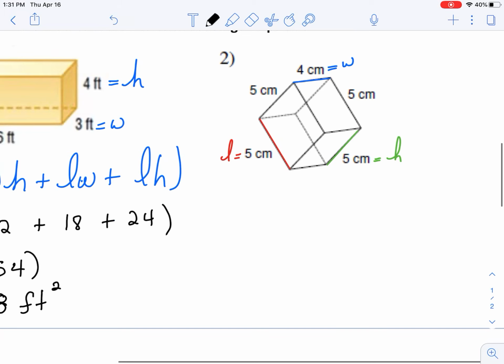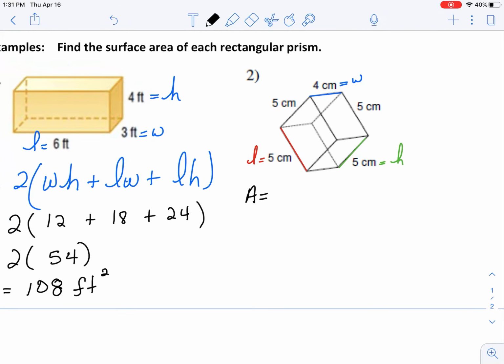So I get area equals, now starting here, width times height. So the width times the height, 4 times 5 is 20. I'm going to scooch this out a little bit to go 2 and then go 20 plus.